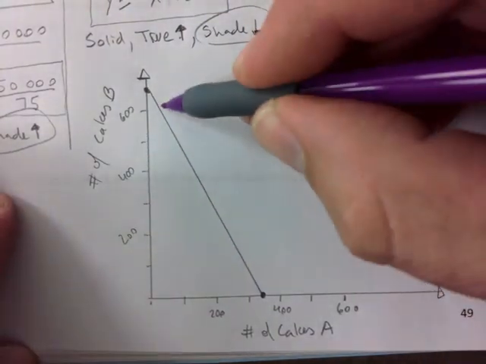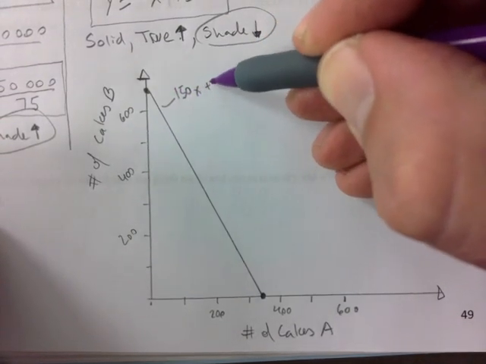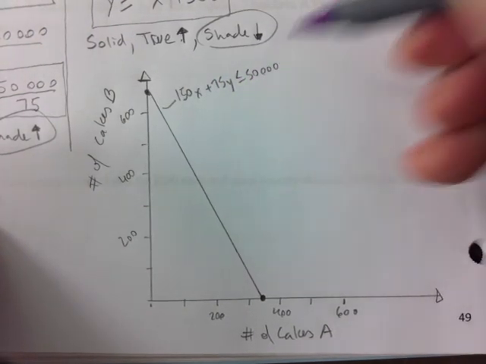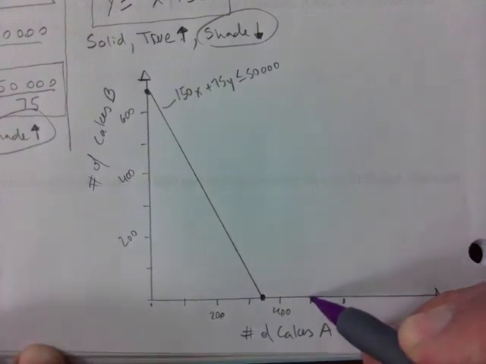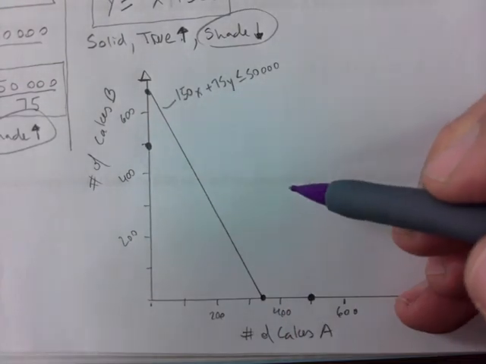Don't shade just yet. And I'm going to use my original version of my inequality to label that one. 500, 0, 0, 500. My next line.